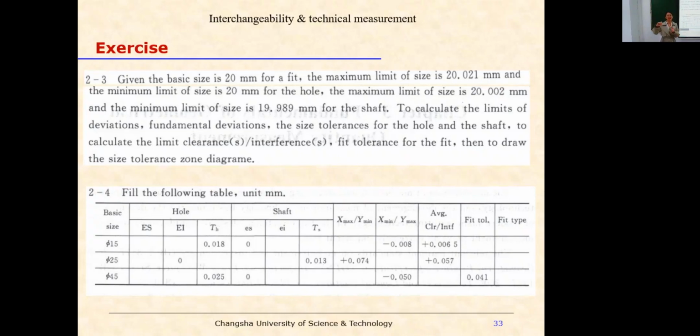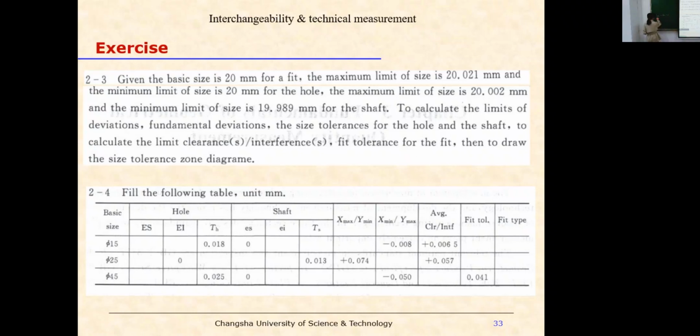So it's a clearance, right? So the maximum hole, so it is D max, right? Minus the minimum shaft, the value is plus, so it's clearance, right?